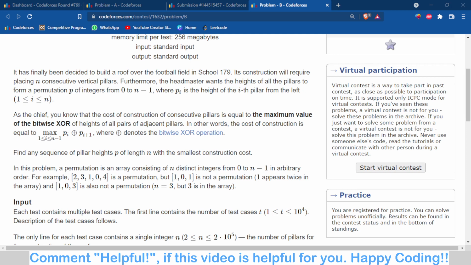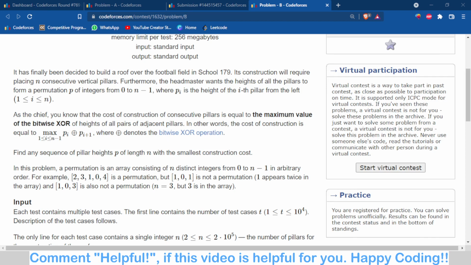Okay, so basically we have to organize these n numbers from 0 to n minus 1 such that the bitwise XOR of two adjacent numbers is minimum possible, meaning the maximum value of the bitwise XOR should be minimum possible. Okay, so first of all we have to observe one thing.